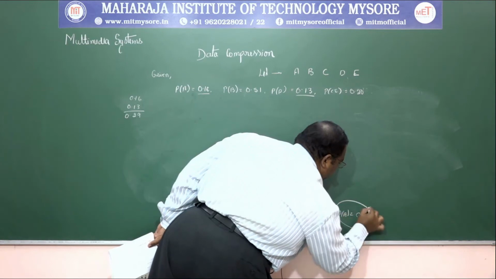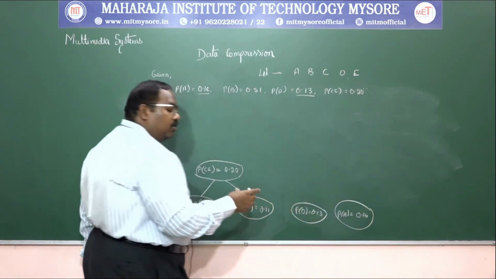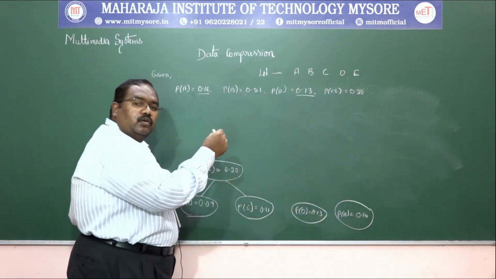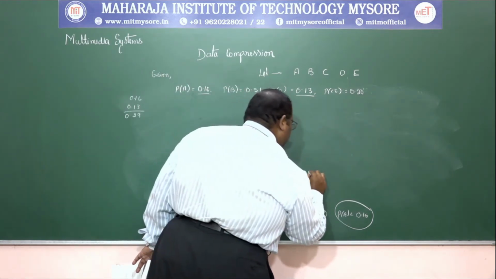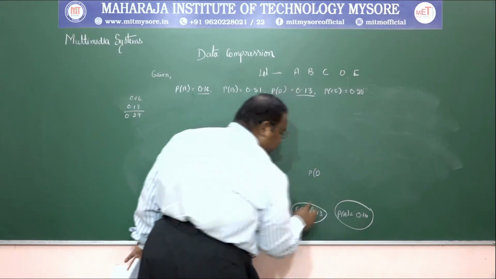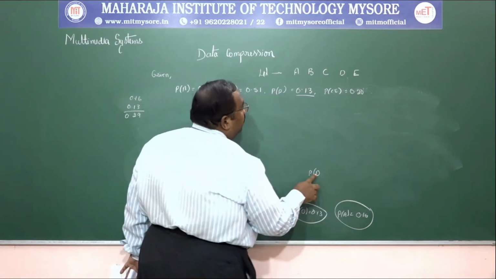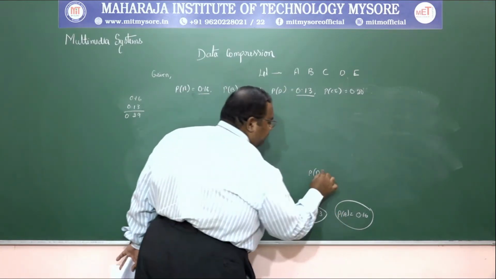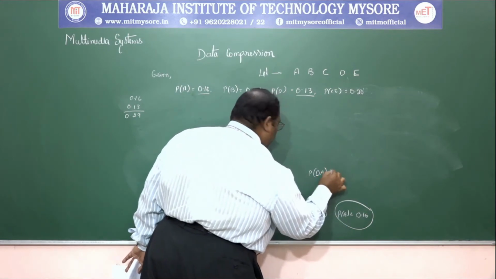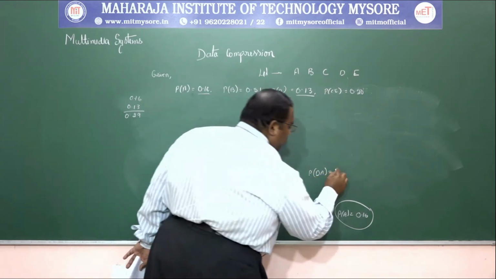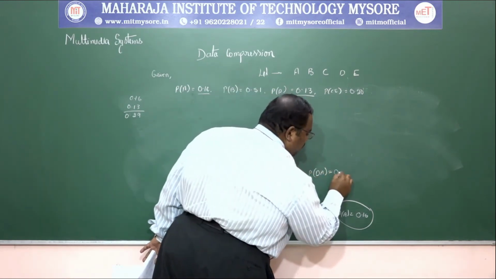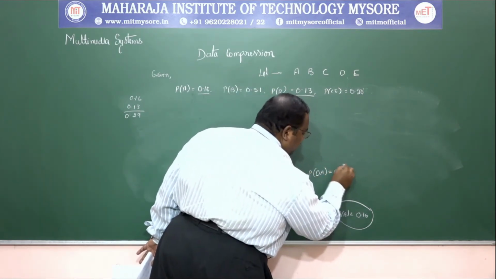What are we supposed to do? We are supposed to combine these two nodes and form one new node. What would that new node be? Probability of D and probability of A. What is the probability of D and A? When we combine it, it is 0.29.